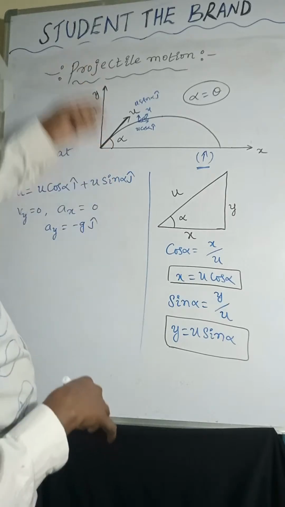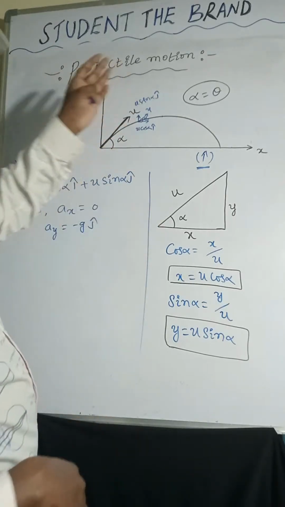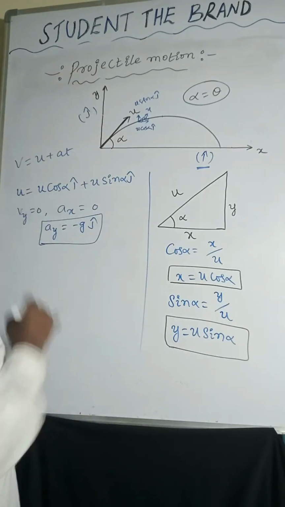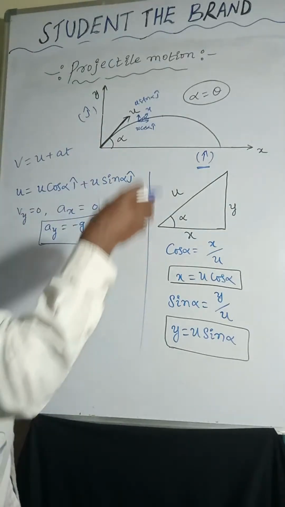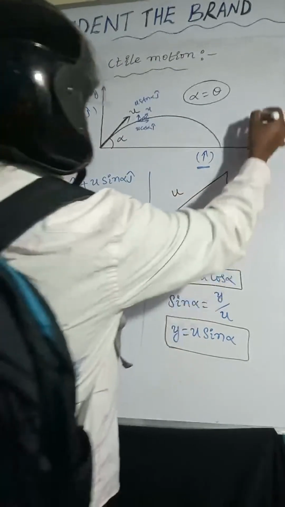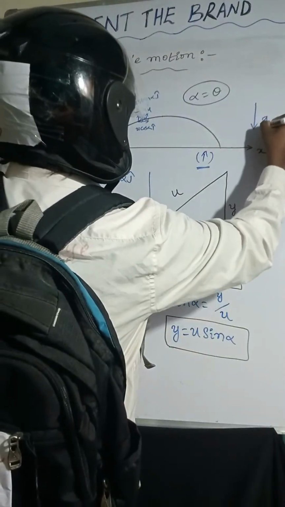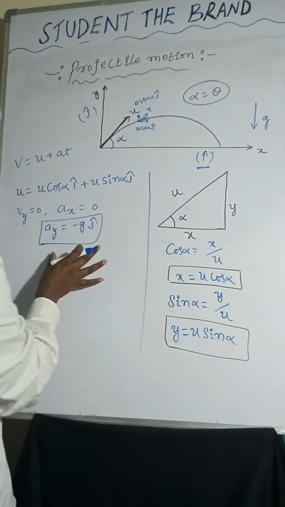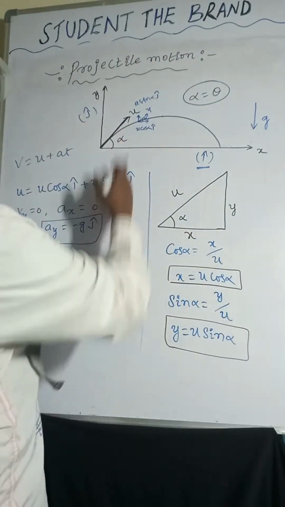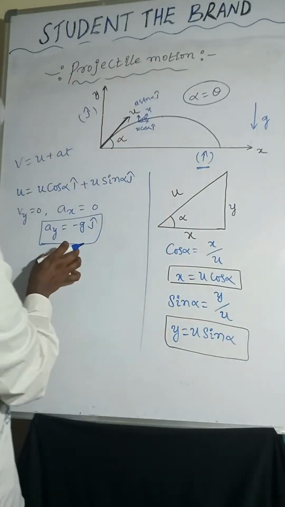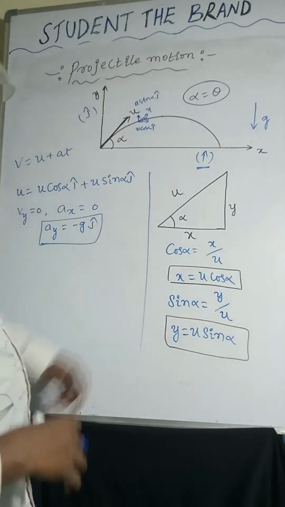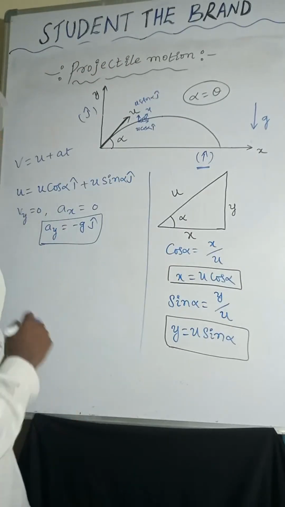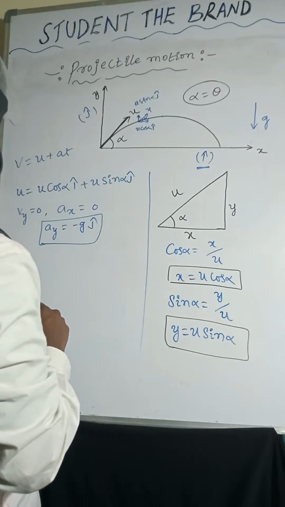So the acceleration along the y-axis, ay equal to minus g j, because acceleration due to gravity always acts in the downward direction. But if the object is moving upward along the y-axis, the acceleration is minus g, because it is moving opposite to the acceleration due to gravity, right? That's why ay equal to minus g.